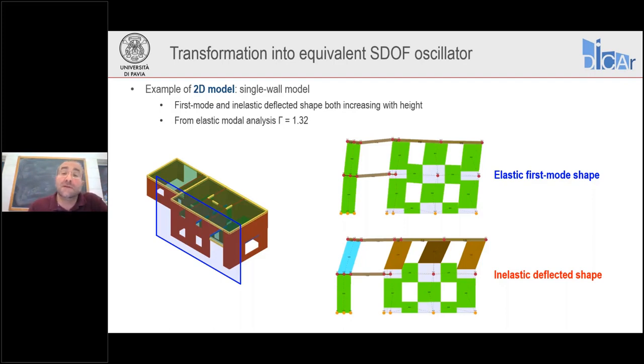We see that the first mode shape in the elastic situation and the deflected shape after development of inelasticity are not equal to each other, but quite similar. Displacements are in both cases increasing with height. And in this case, using the elastic gamma factor of 1.32 seems to be appropriate for the analysis.